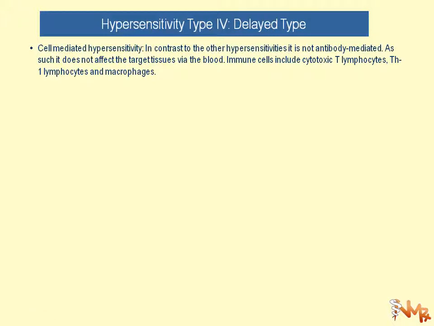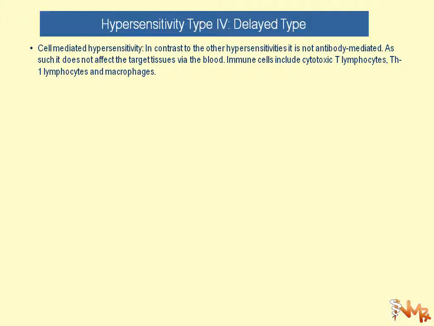Let's look at the type 4 hypersensitivity reactions, also known as delayed type. This type is cell-mediated. In contrast to other hypersensitivities, it's not antibody-mediated. As such, it does not affect the target tissues via the blood.